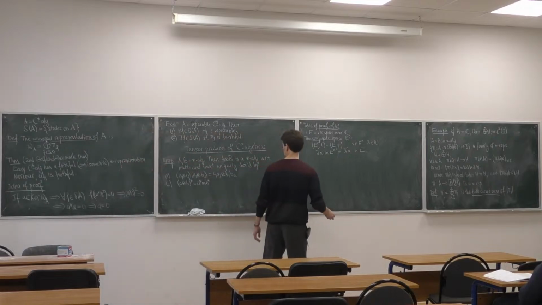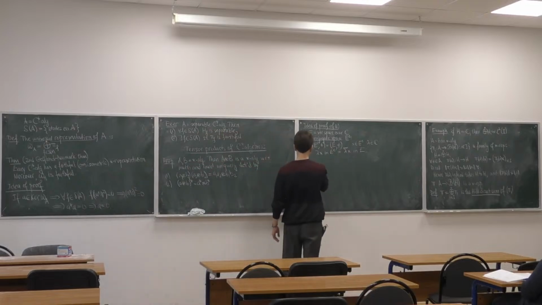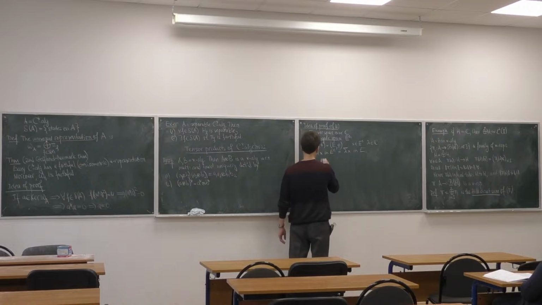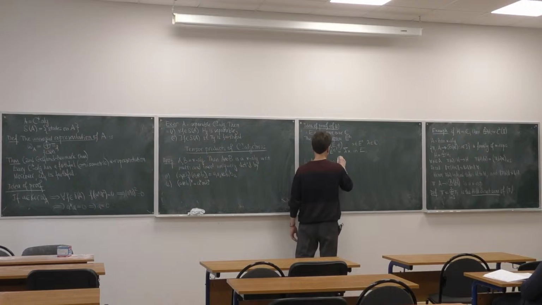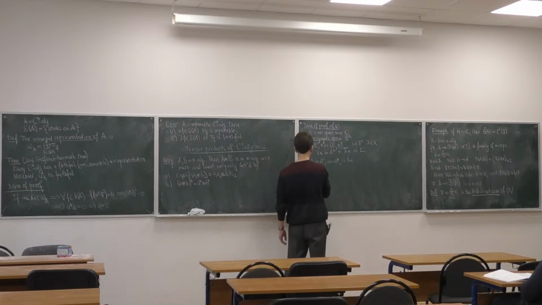So now, if we want to prove part 2, we observe that the involution on A, let's denote it by IA, is a linear map from A to AC. And the same for B. So we may just take now the tensor product of these two maps, IA tensor IB.